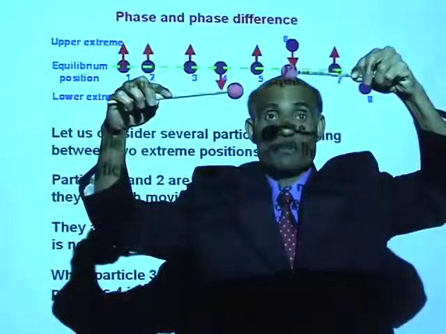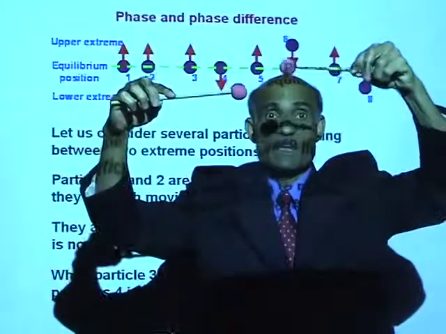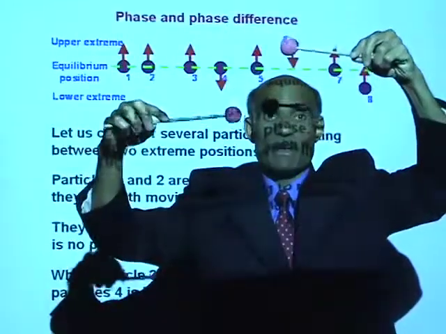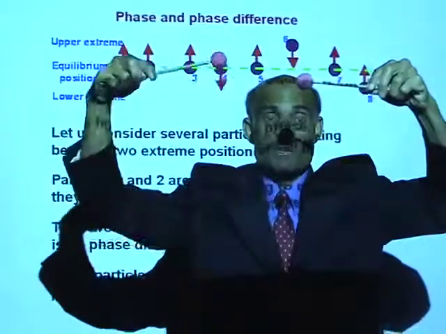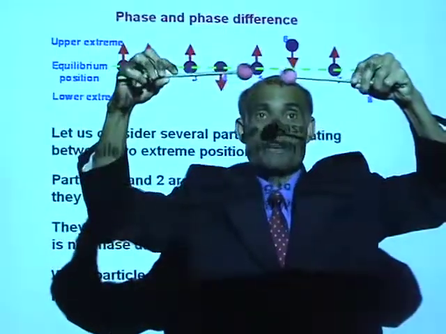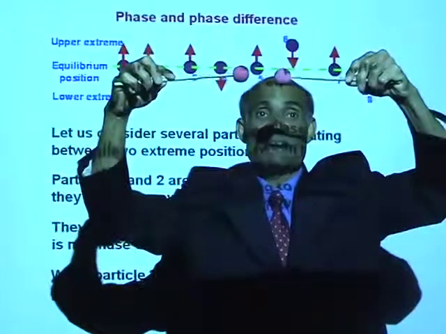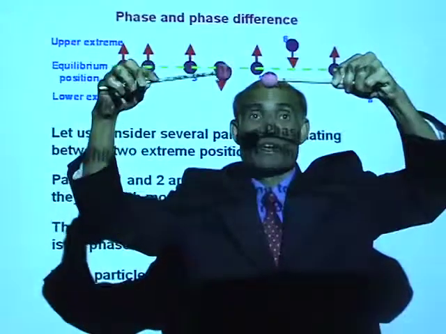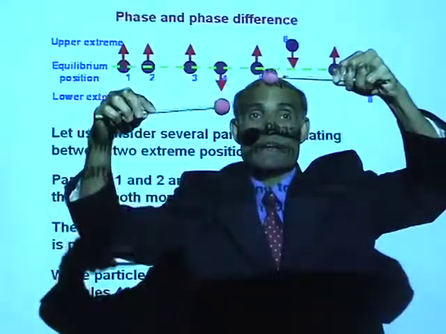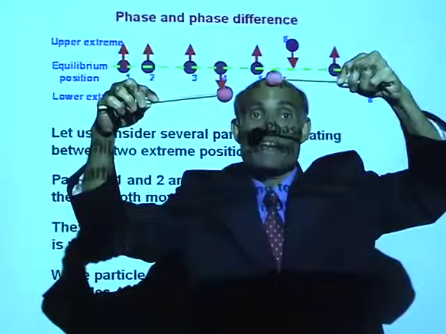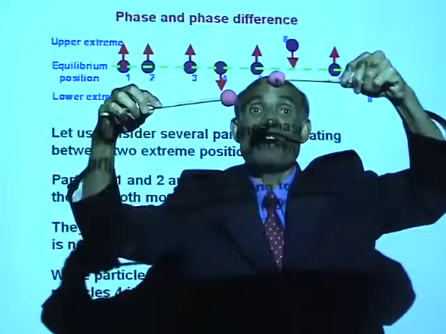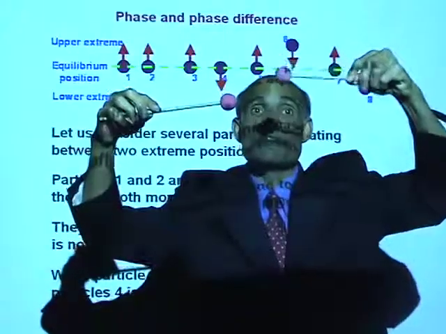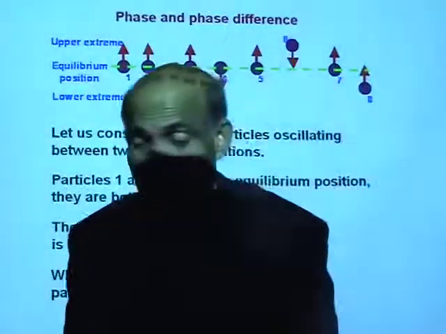And particle 1 is beginning to move up. Now that means this particle in my right hand. Now when I say my right hand, it will look like the left hand to you in the picture. You see, this particle that is beginning to move down is half a period ahead of the particle that is moving up. Now what does that mean?